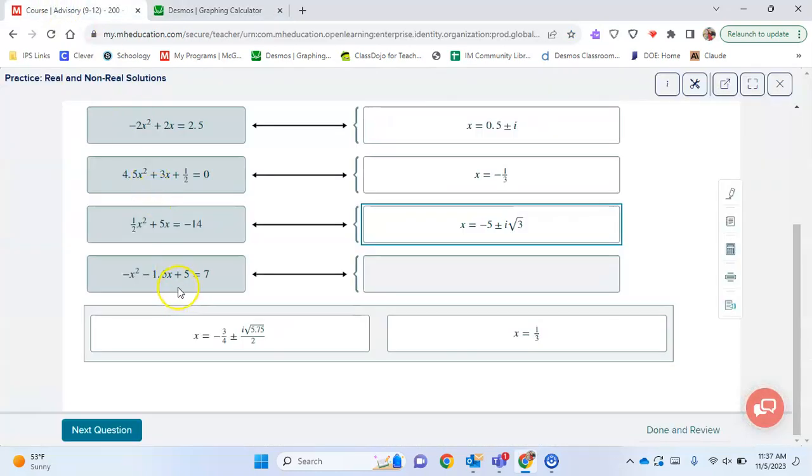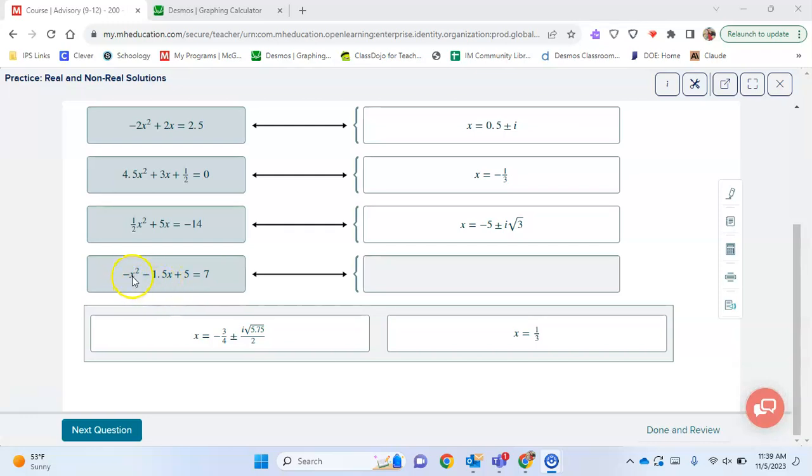The last one, we're going to subtract 7 from both sides, giving us -2, but we're going to go ahead and multiply everything by -2 to get rid of the 1.5.